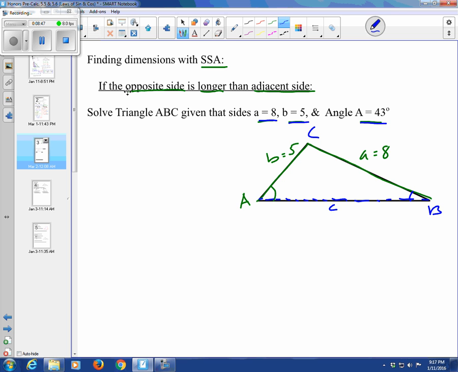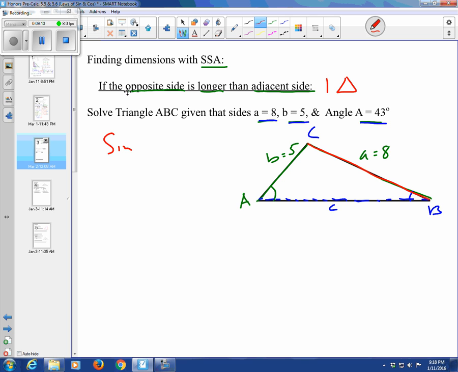But really right here, the thing that we want to take note of is that there's only one way for this opposite side A to fit with its end to B within the angle A. So right here, with this scenario, we're only going to get one triangle, right? And we can just set up our ratio and solve for that one triangle.